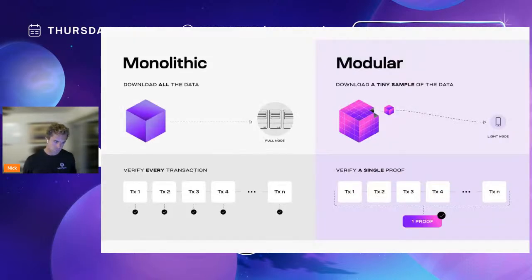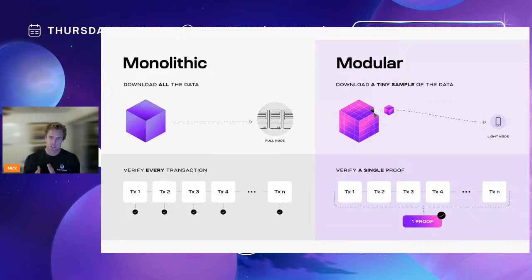First is scalability. As we talked about, blockchains are all about verifiability. That's what makes them decentralized and secure, removes trust and equalizes power. In a monolithic system, as we mentioned, running a full node means downloading all the data and verifying every single transaction.